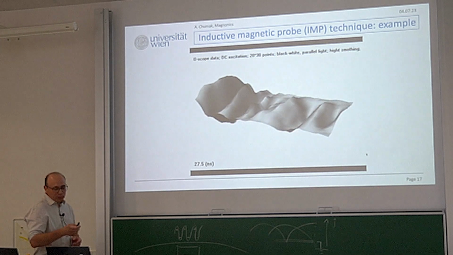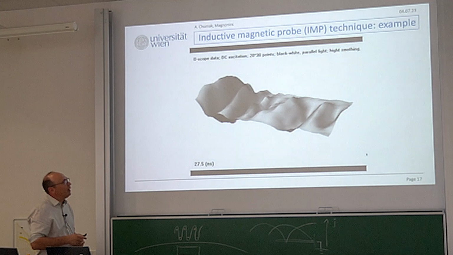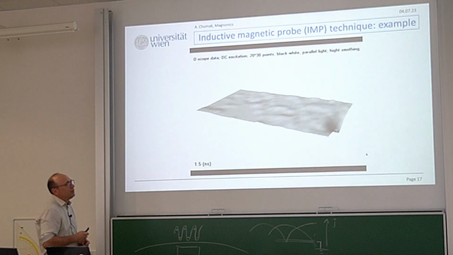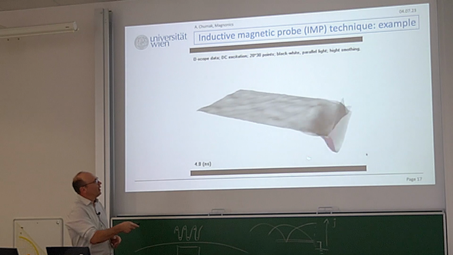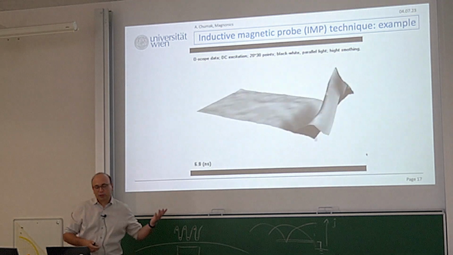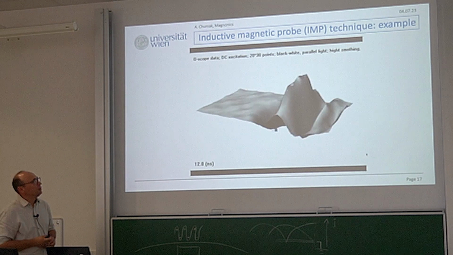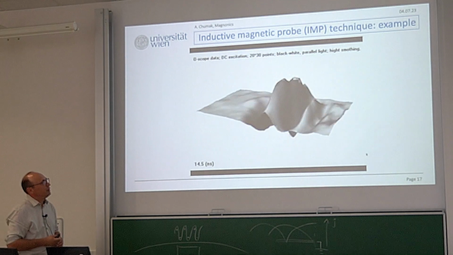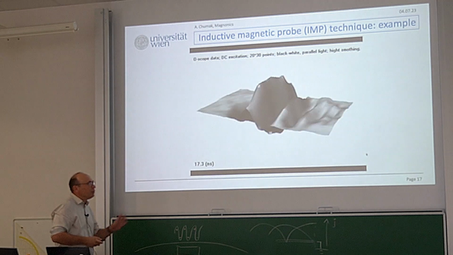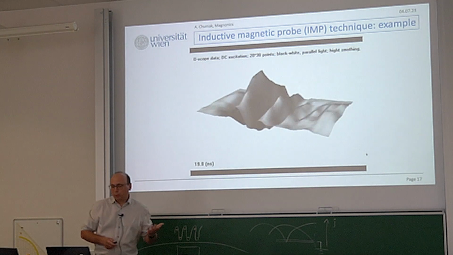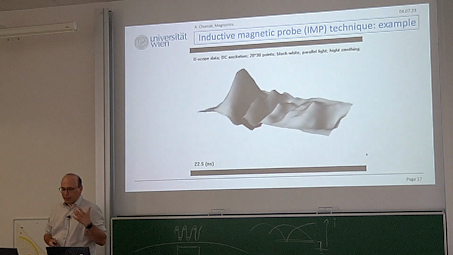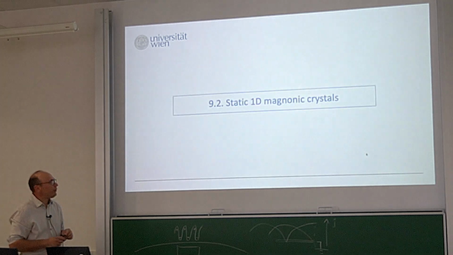And this is how a wave looks when you work with this inductive magnetic probe technique. So you see, what's also the advantage compared to BLS is that you see the phase, like it's shown here. Just one more technique, not very commonly used, but keep in mind that this is probably the simplest technique and it has many advantages.